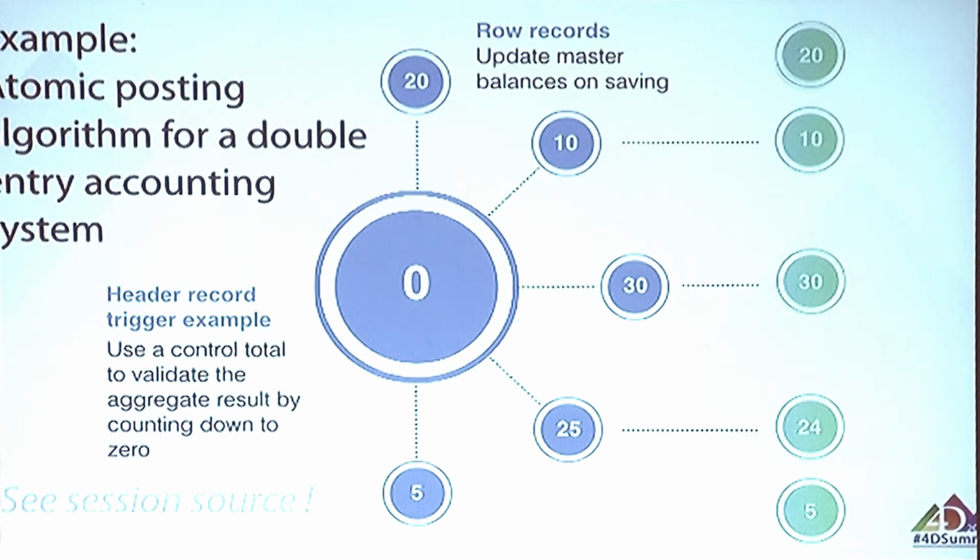So I saved 20, I didn't get an error, reduced by 20, and so on. And even if none of these generated any error, if that has a non-zero balance in it at the end of all this process, the header itself will generate a kind of master error, saying, well, everything seemed to go okay, but it hasn't gone okay, so tell the user they've got something wrong, debits didn't equal credits. So our atomic code unit will not allow that data to pass into the database.